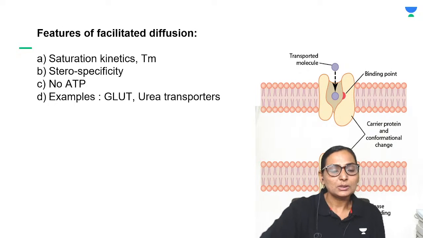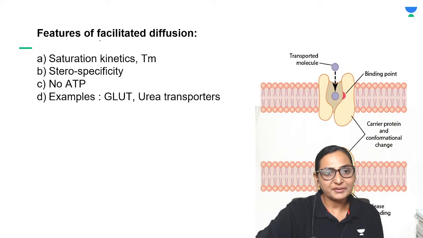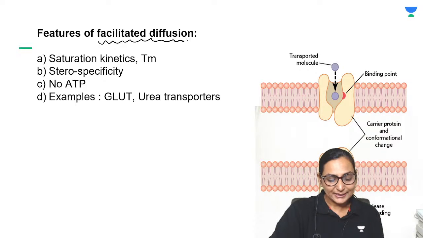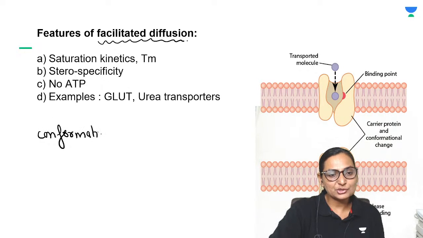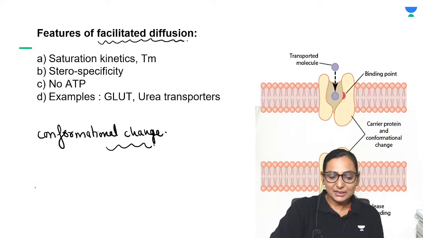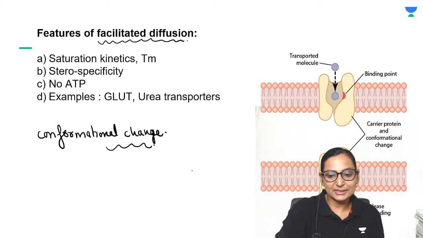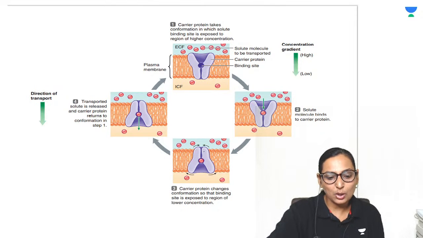Okay. Now, there are certain very important features of facilitated diffusion, right? Facilitated diffusion only takes place by a conformational change. That means the transport molecule will bind to its receptor. Once it binds to its receptor, there is just going to be a conformational change, right?